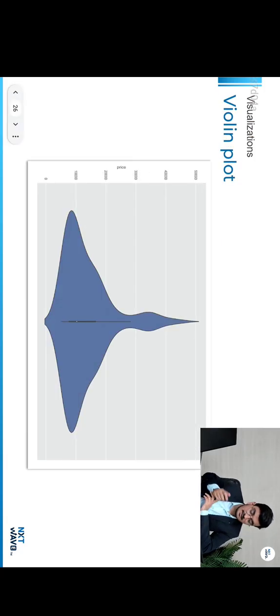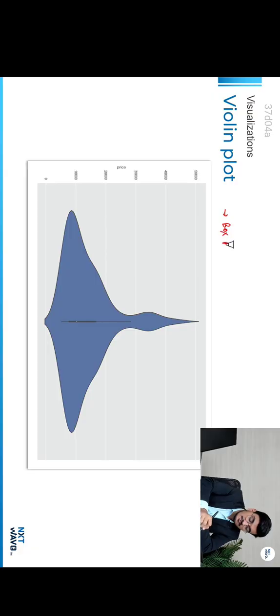Now this here is the violin plot. Basically, a violin plot combines the functionalities of two plots, that is the box plot and the distribution plot.